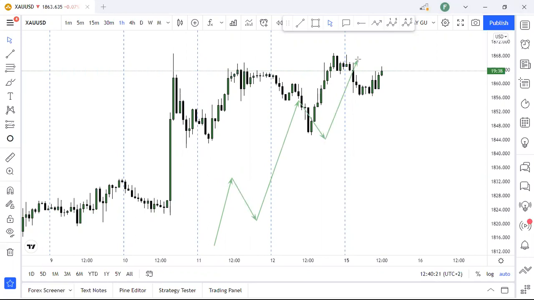Since that's our main wave, we all know that inside a wave, there's also another wave. Those waves are the ones that are broken down in the smaller time frames. So if we have 1, 2, 3, 4, 5, this is our 1.